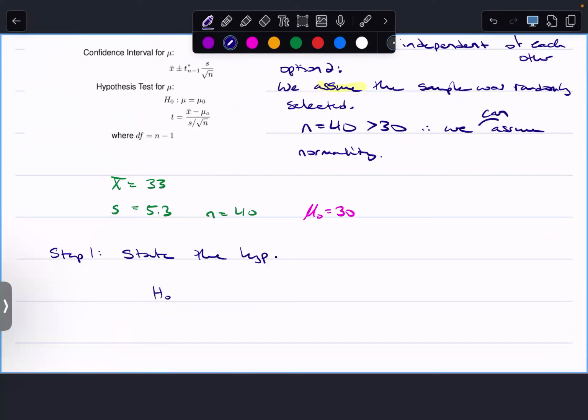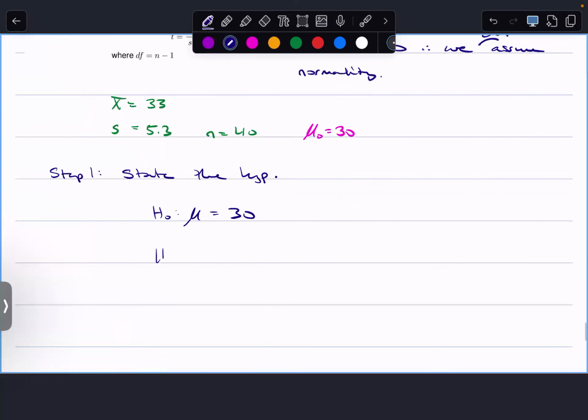So H naught is that mu is equal to 30. What we suspect, though, is that mu is greater than 30. So we reflect that in our alternative hypothesis, but because I'm only concerned about one extreme, this makes it a one-sided test.